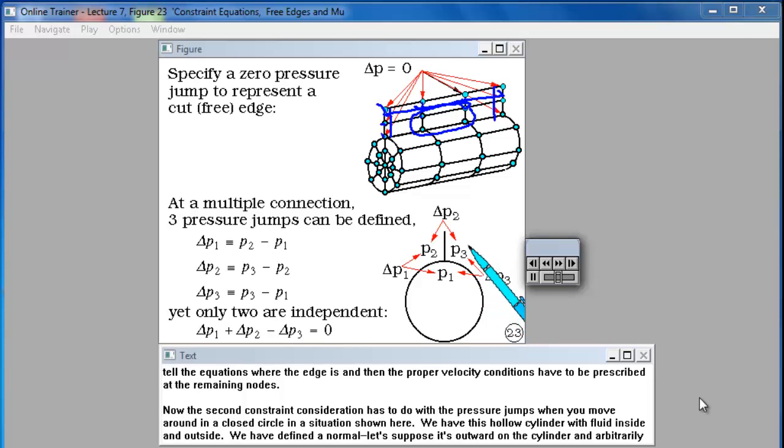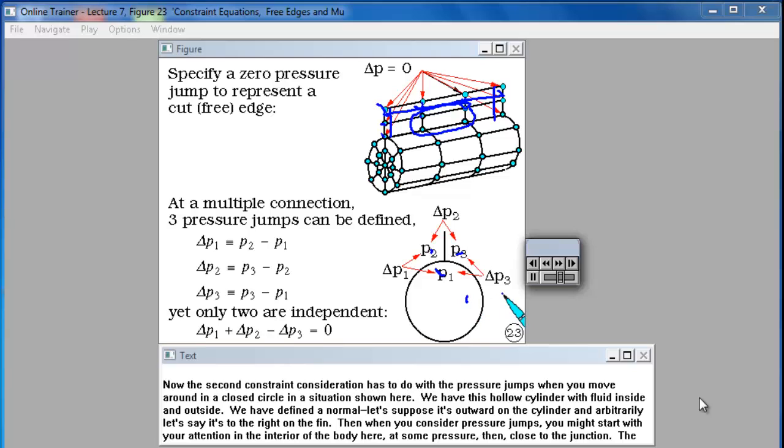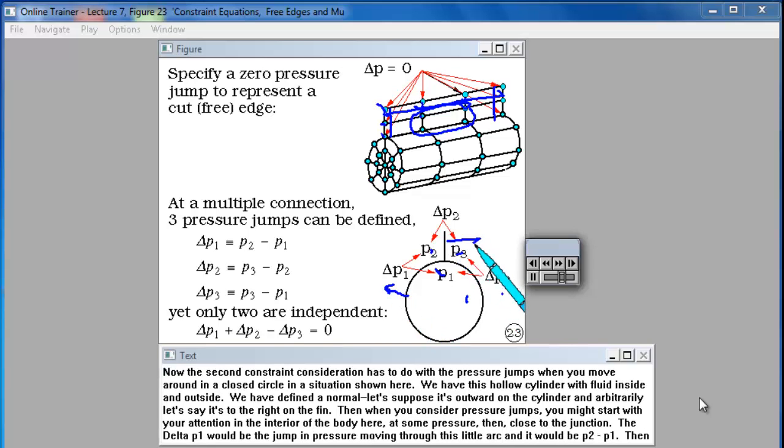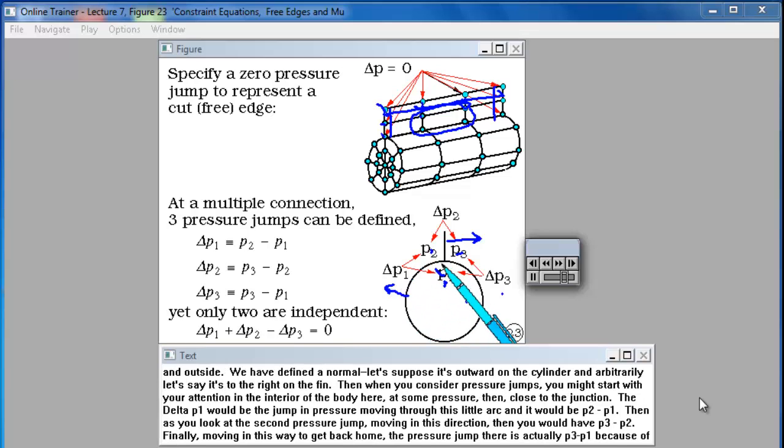Now, the second constraint consideration has to do with the pressure jumps when you move around in a closed circle in a situation shown here. We have this hollow cylinder with fluid inside and outside. We have defined a normal. Let's suppose that it's outward on the cylinder, and arbitrarily, let's say it's to the right on the fin. Then, when you consider pressure jumps, you might start with your attention in the interior of the body here at some pressure P1, close to the junction.